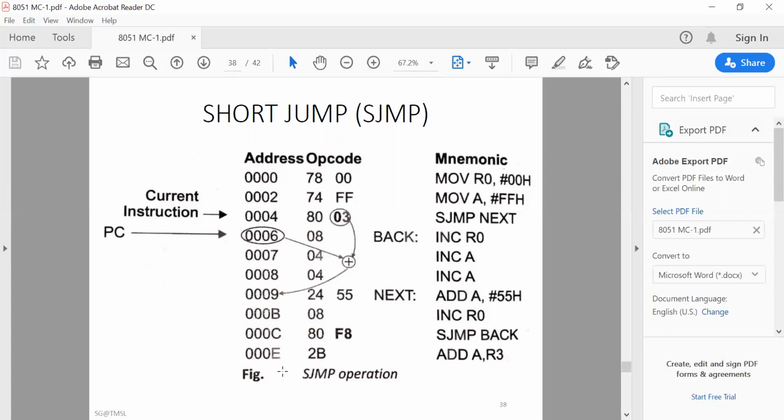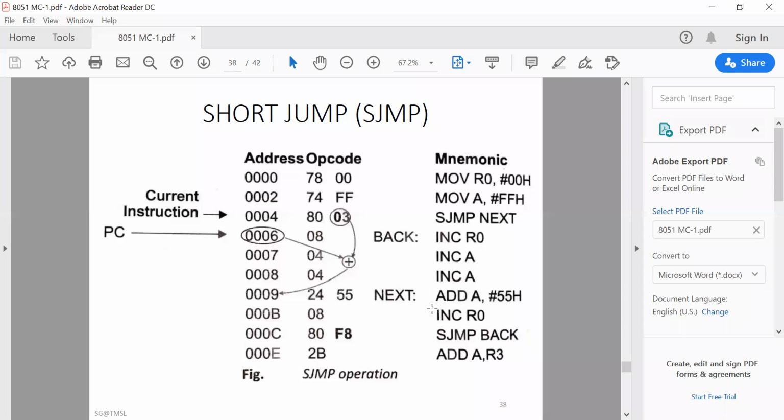This is called the forward jump, because it is going forward. And here SJMP back, this is the backward jump. Always this loop goes to the previous memory location, backward. So it has a certain range where you can go forward or backward. So what will be the range of this forward jump and backward jump?